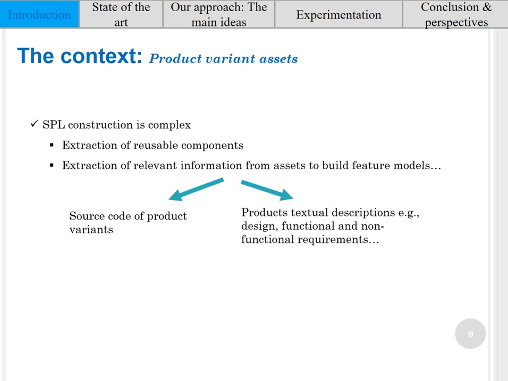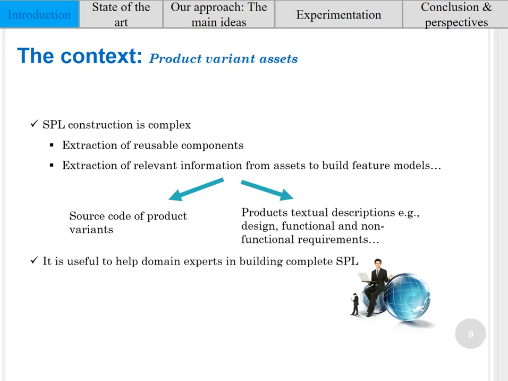So the construction of a software product line is a complex task since it involves the extraction of reusable components and the extraction of relevant information from assets to build feature models. These assets may be product textual descriptions, like for example the design, functional and non-functional requirements, or source code of product variants.